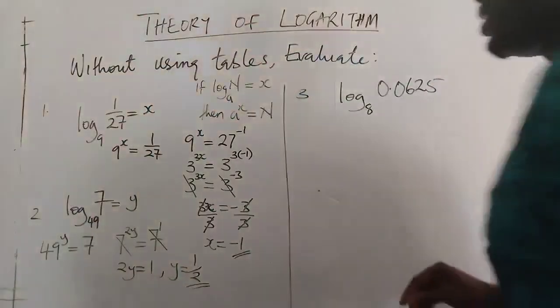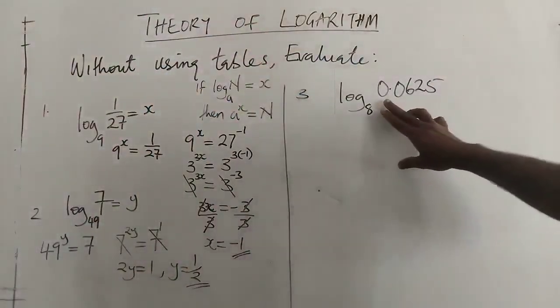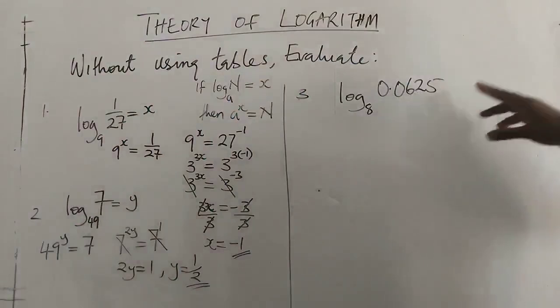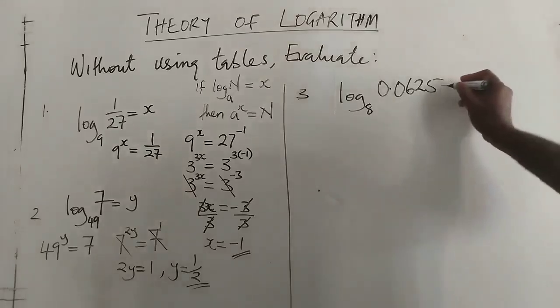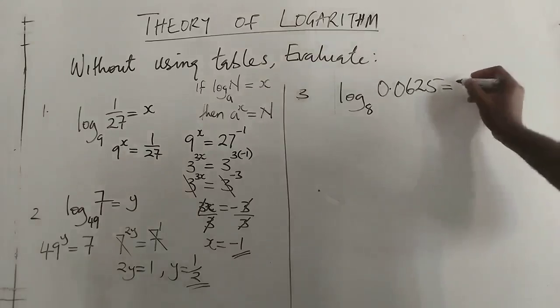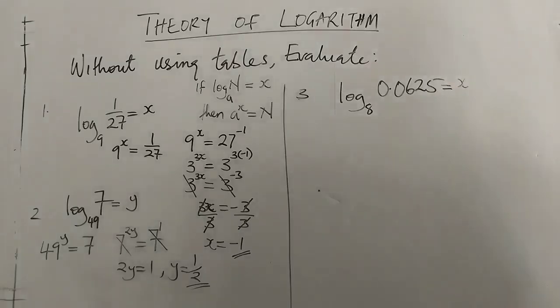The third question says log 0.0625 base 8. First of all, we equate it to an unknown, to x, which will serve as our answer.